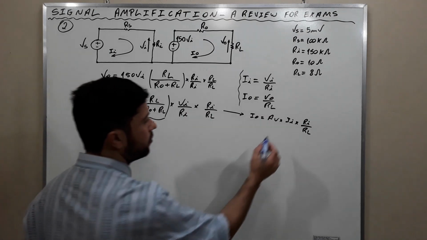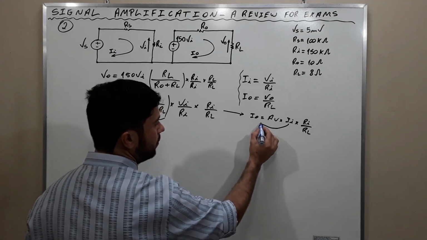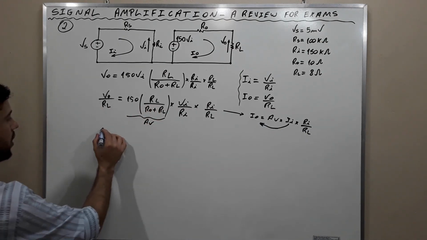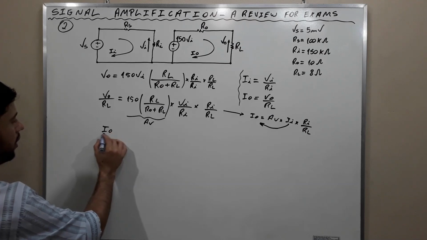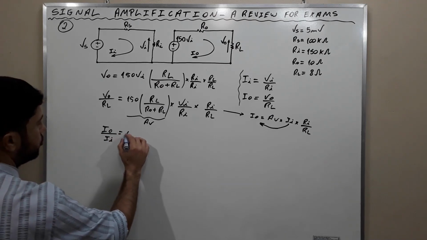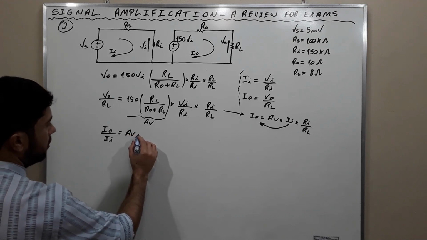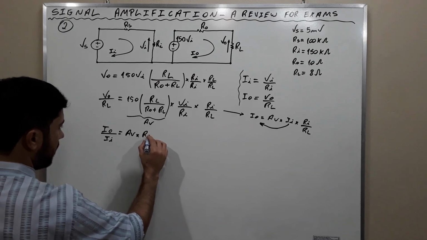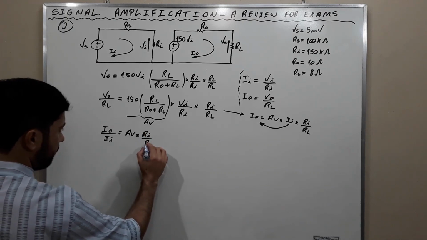Now I'm going to pass this guy here dividing, and the expression is therefore IO over II equal to AV times RI over RL.